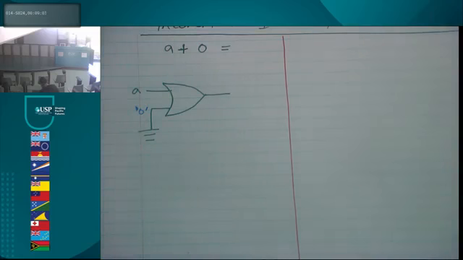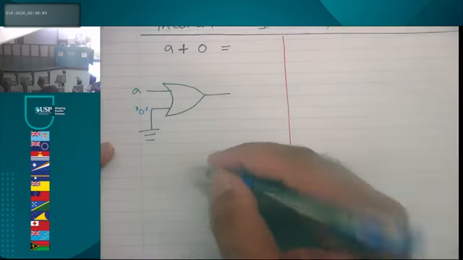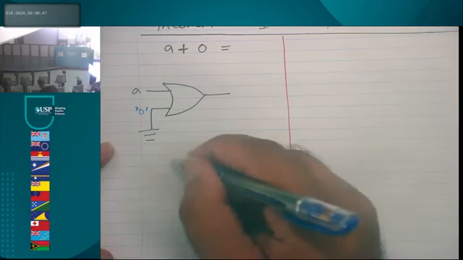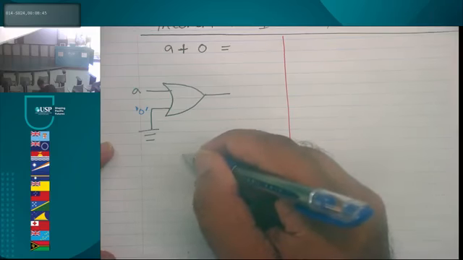Now, what is the expected output over here? Well, let's now look at the truth table. Let's draw a truth table. So you have your input A.